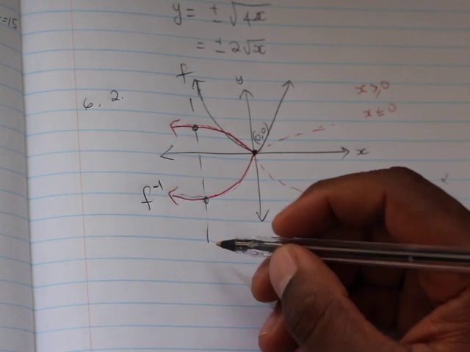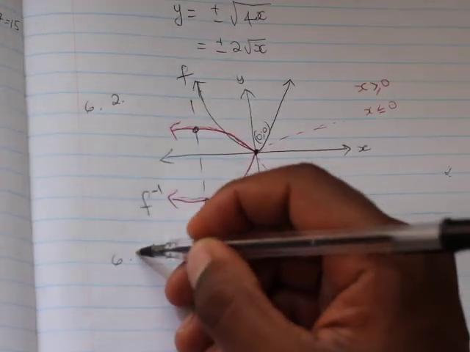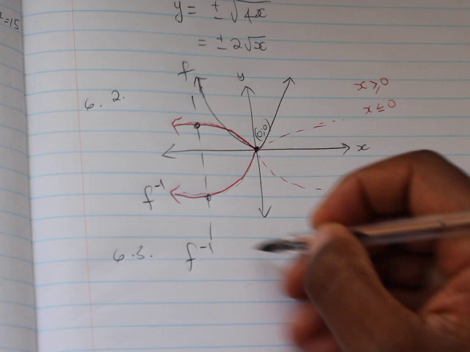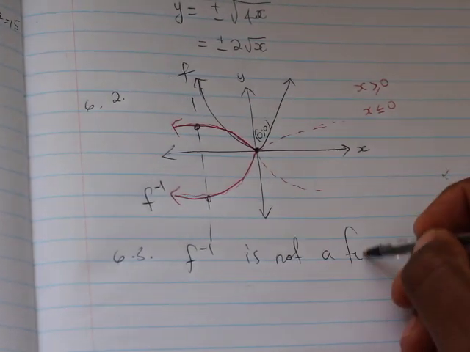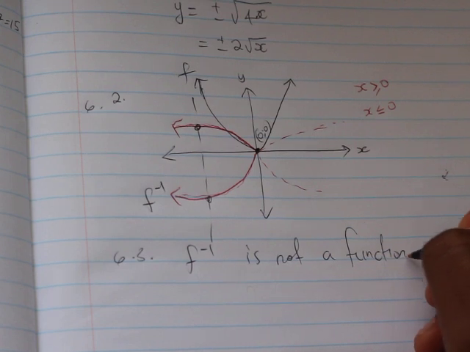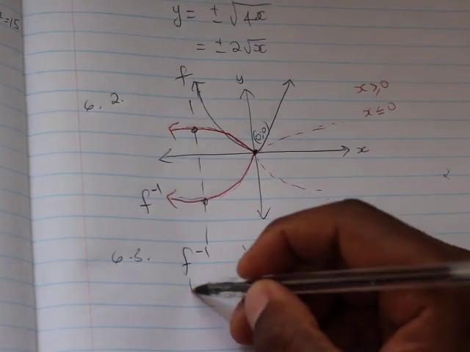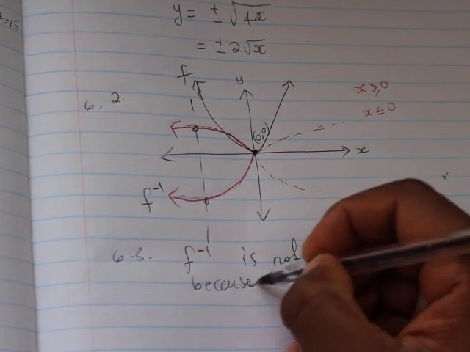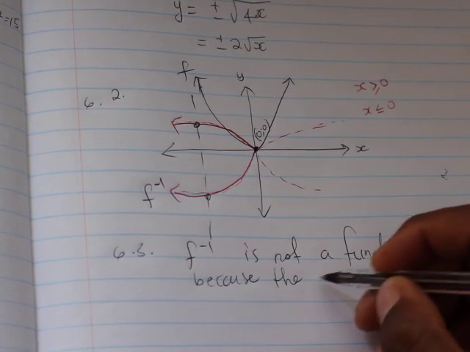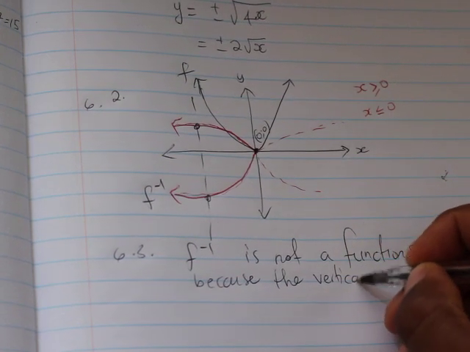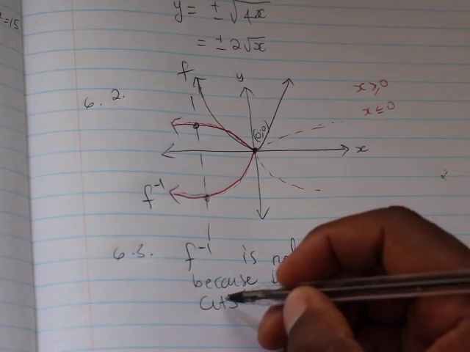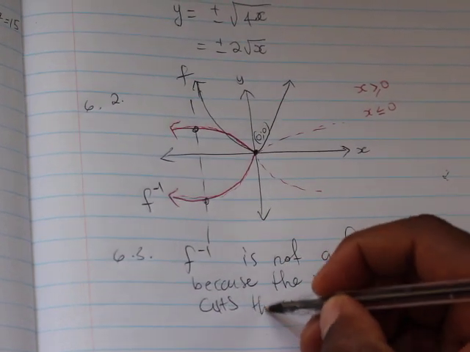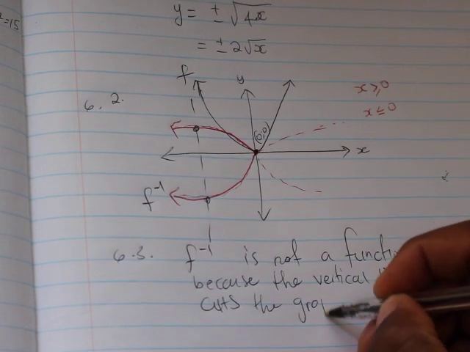So this is not a function. 6.3, the inverse is not a function, simply because the vertical line cuts the graph twice.